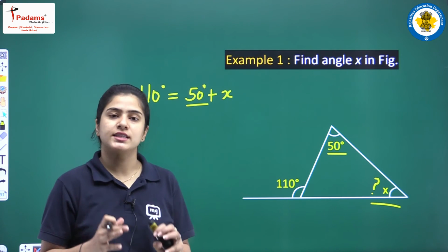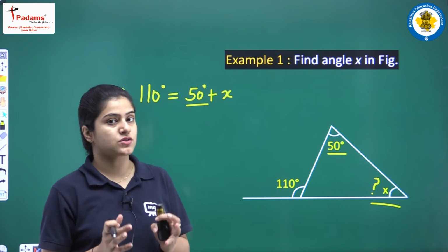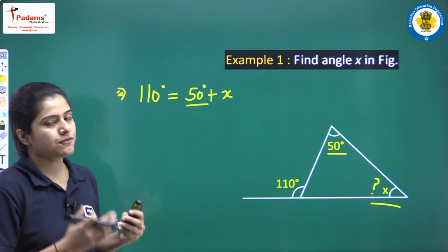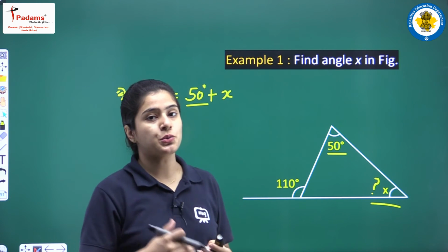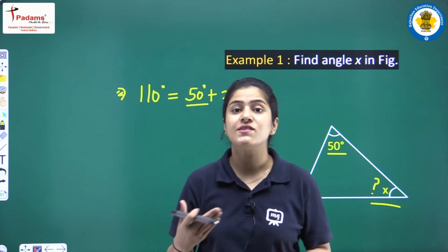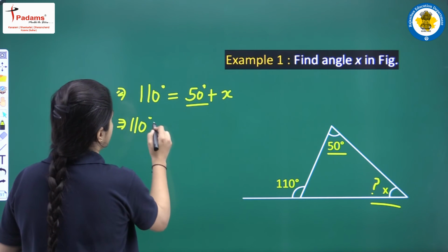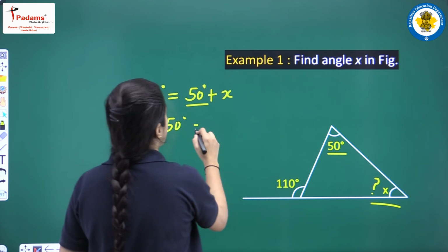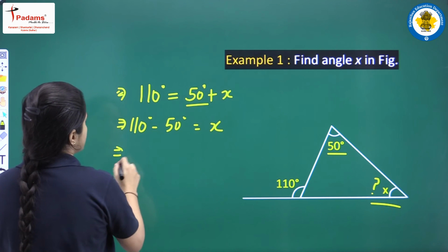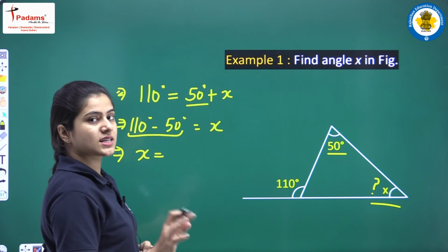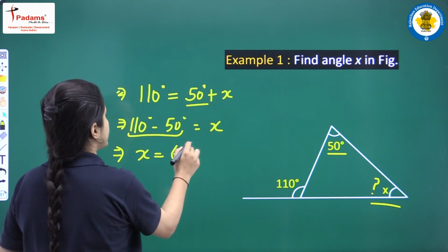So if we have to find the value of this x, then we have to transpose this 50 from the right hand side to the left hand side. And if you are transposing this 50 degree to the left hand side, it will become minus 50 degree, right? So students, 110 degree minus 50 degree is equals to x. Okay, students. So this x will be equal to 110 minus 50, that is equals to 60 degree. Okay, students. So what is the value of x?